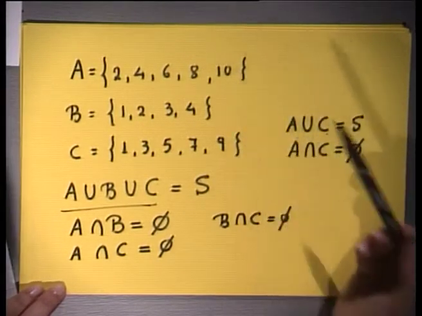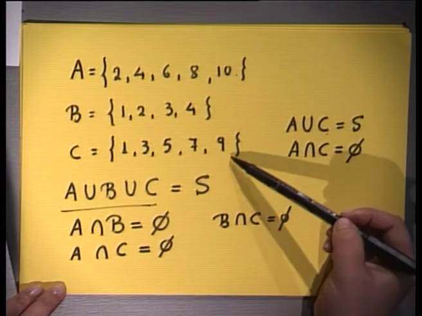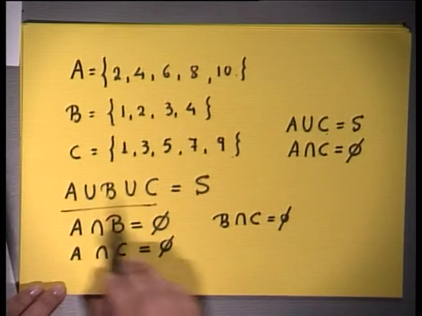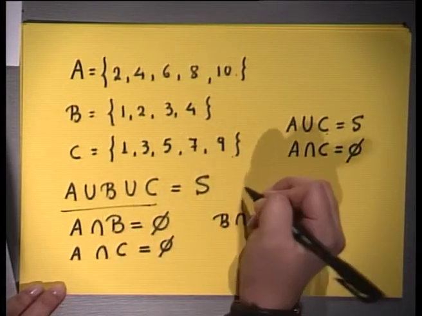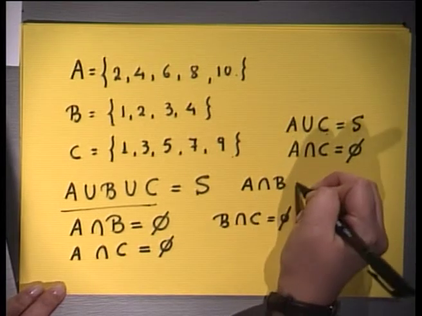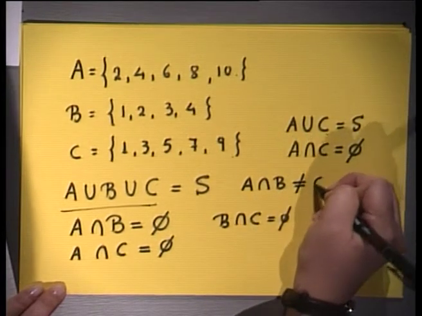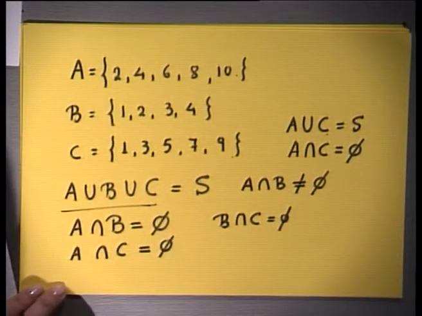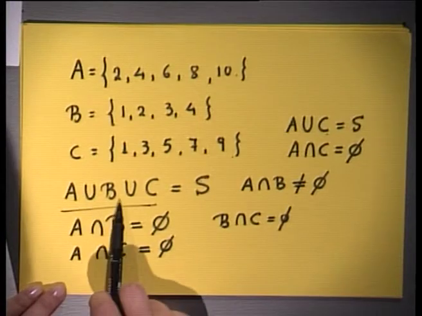There are no common elements between A and C. In this case, though, we see that for A and B, the intersection is not the empty set. So they don't have both the properties, A, B, and C.